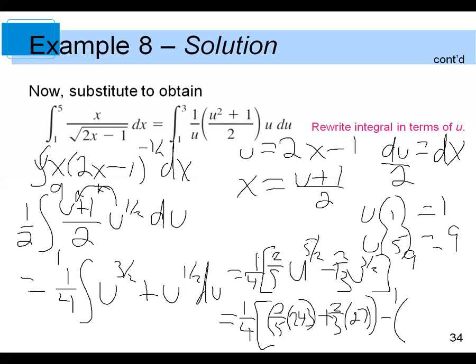Minus, if I plug in 1, I would get 2/5 plus 2/3. So let's see, 1/4 times the quantity 2/5 times 243 plus 2/3 times 27, minus 2/5 plus 2/3.